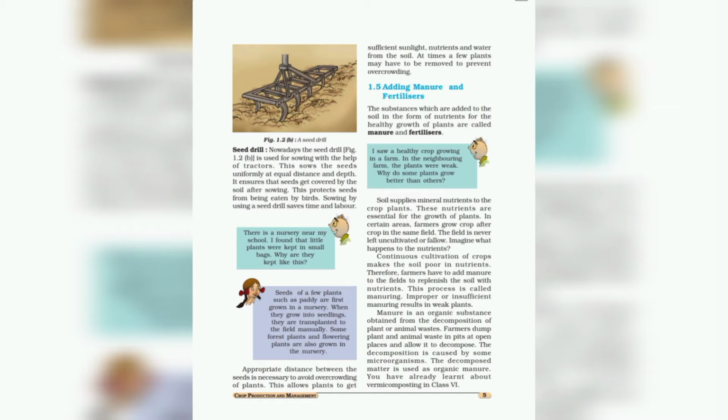The decomposition is caused by some microorganisms. The decomposed matter is used as organic manure. You have already learned about vermicomposting in class 6, I think. Compost is prepared by the decomposition of farm and domestic organic waste material like animal excreta, sewage waste, weeds, dry leaves, etc.